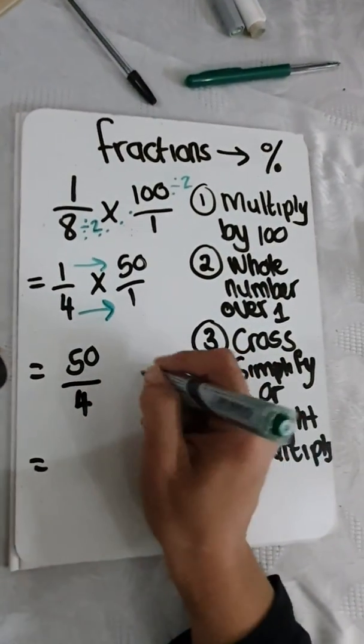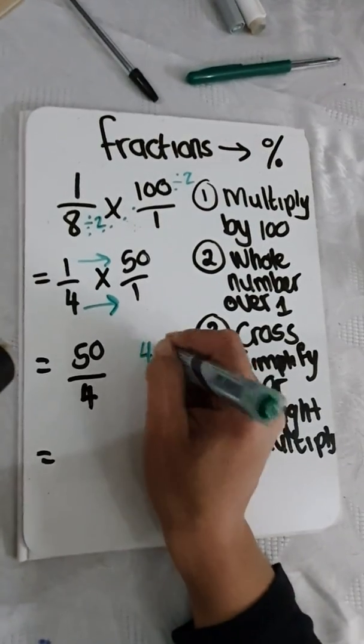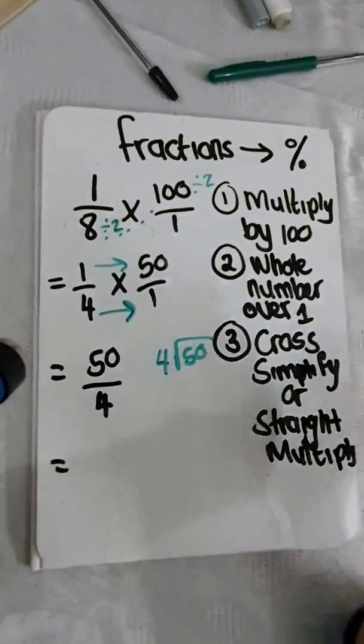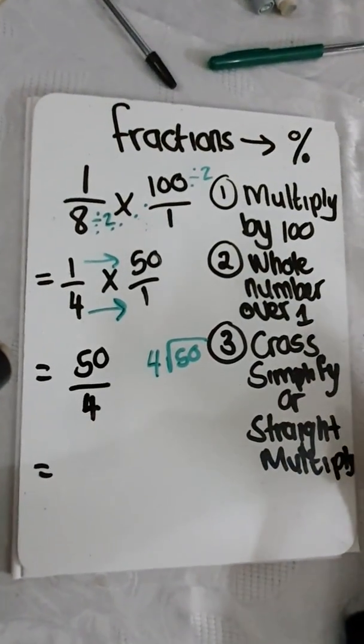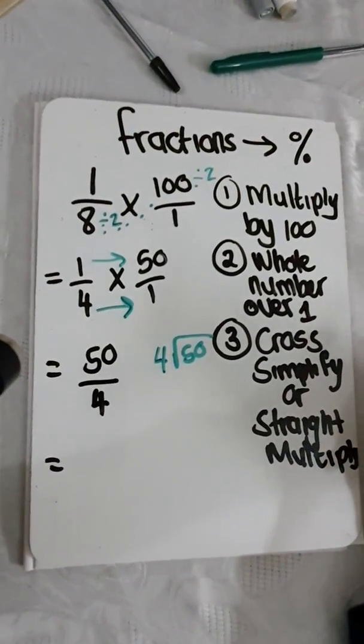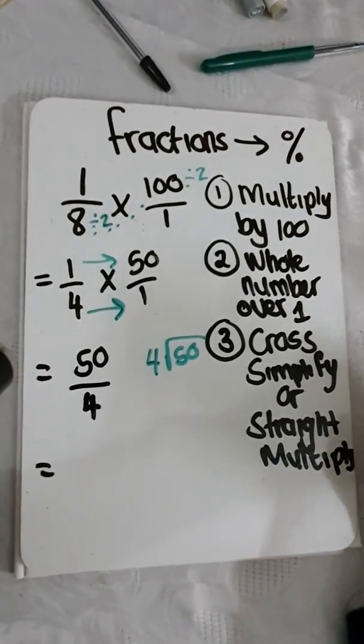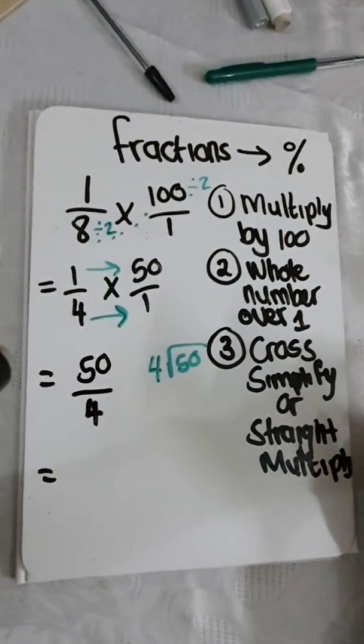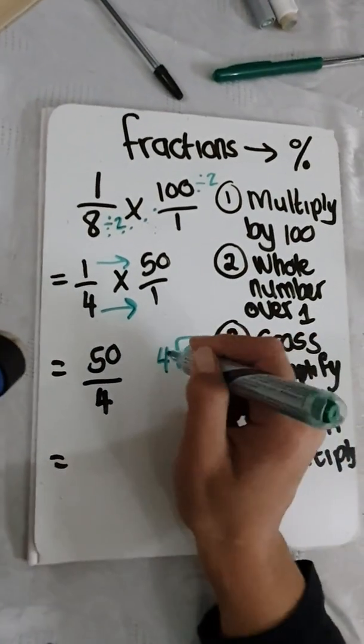So the number at the bottom will always go on the outside and the number at the top will go on the inside. You will do either short or long division depending on what works best for you. I do prefer long division because it's easier for me to track if I've done something wrong, should there be any remainders.